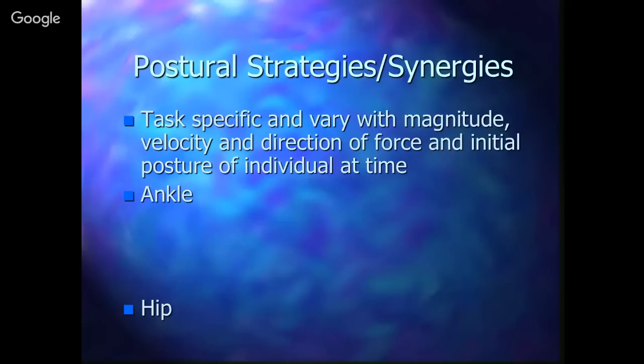Because your feet are fixed on the ground, the muscle activity is going to occur in a distal to proximal orientation, meaning your foot and ankle musculature will turn on first to check that motion, to be a check rein to that force, followed by your leg musculature, followed by your thigh musculature, followed by your hip musculature. So it works distal to proximal up the chain.